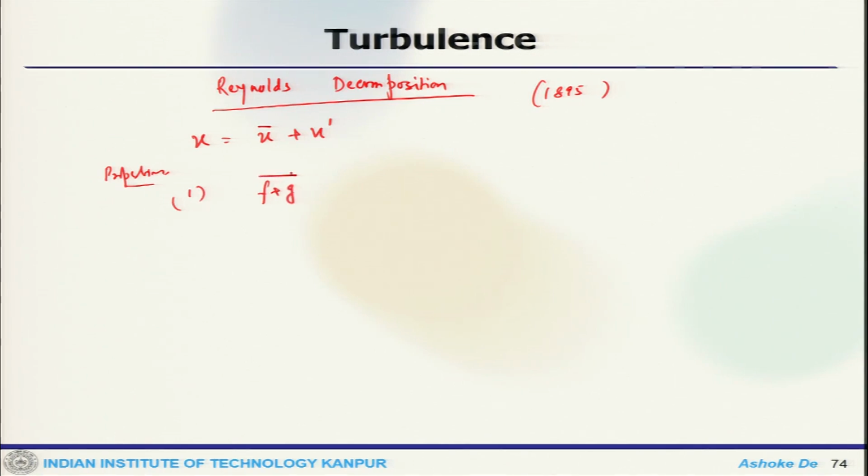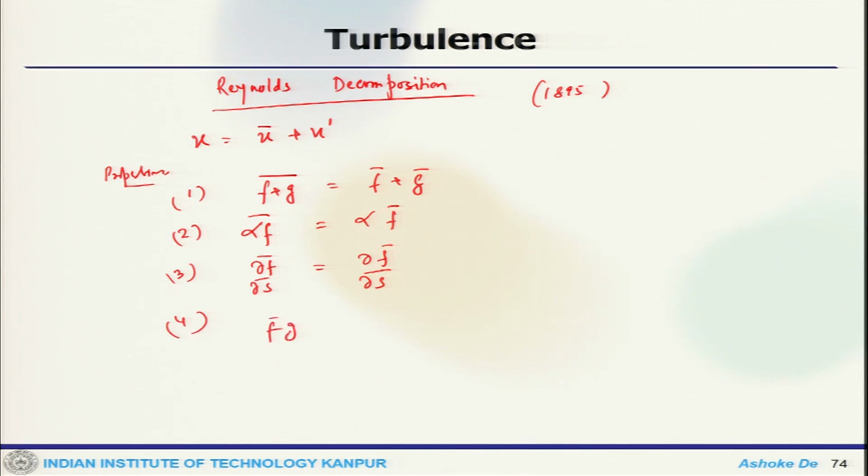One is that the average of A plus B becomes A bar plus B bar. Then there are properties for derivatives, del f by del s, and the average of the product f bar g.